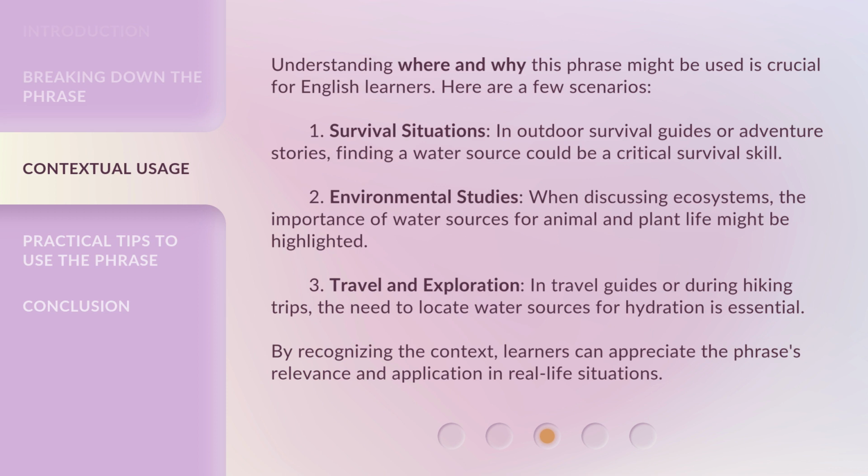When discussing ecosystems, the importance of water sources for animal and plant life might be highlighted. 3. Travel and exploration. In travel guides or during hiking trips, the need to locate water sources for hydration is essential. By recognizing the context, learners can appreciate the phrase's relevance and application in real-life situations.